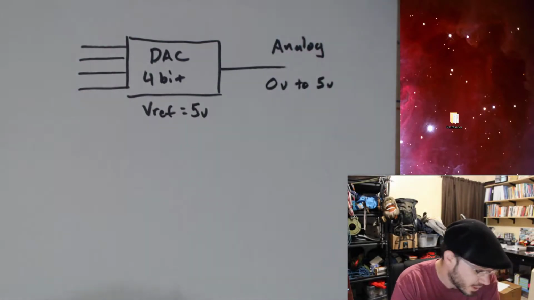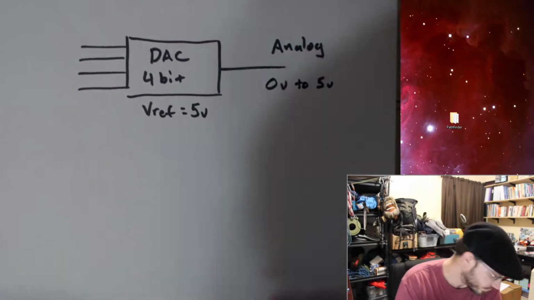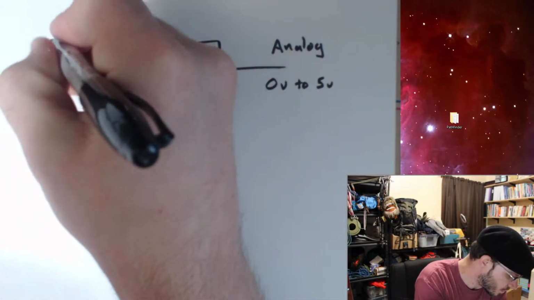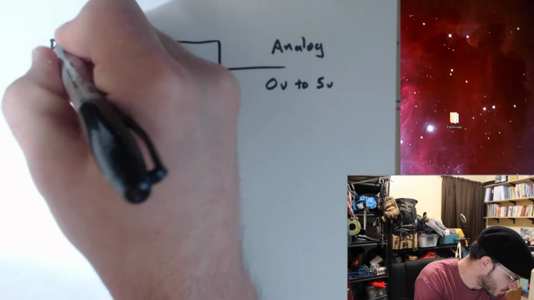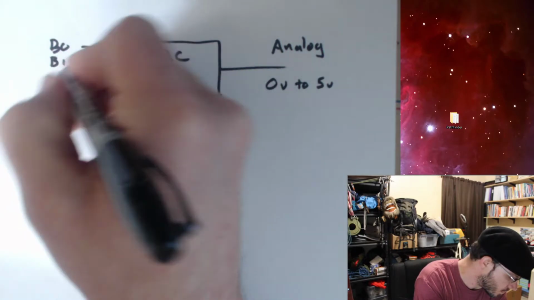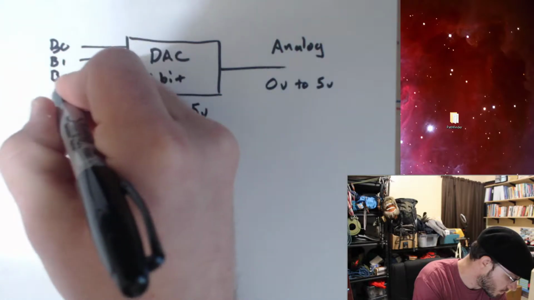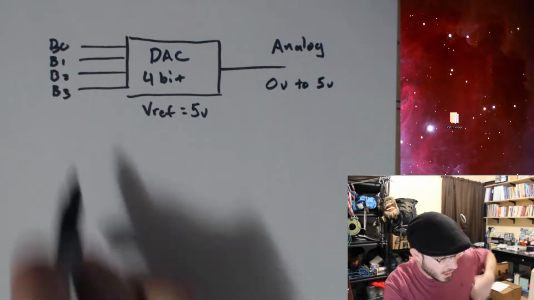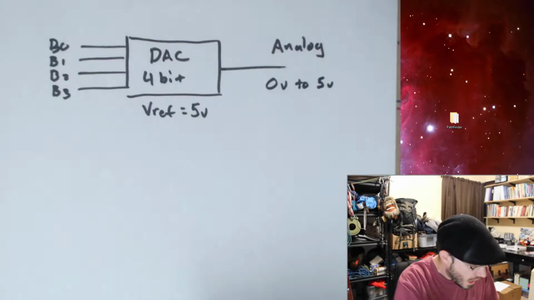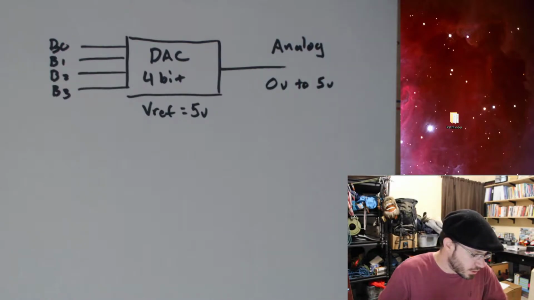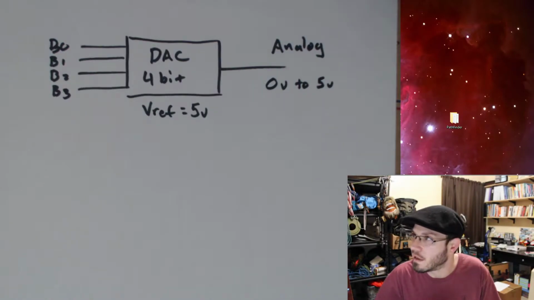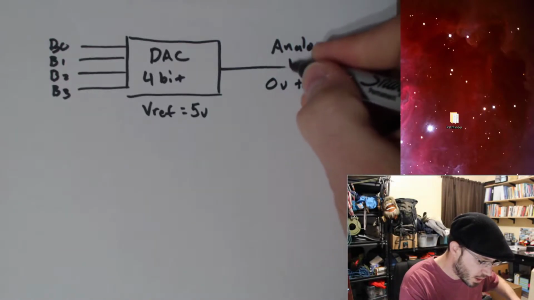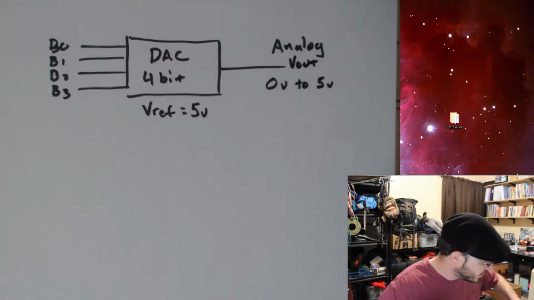And our digital inputs can either take on a value of 0 or 1. So I'll use B0, B1, B2, and B3 to represent our binary inputs, and our output we'll just call V out.